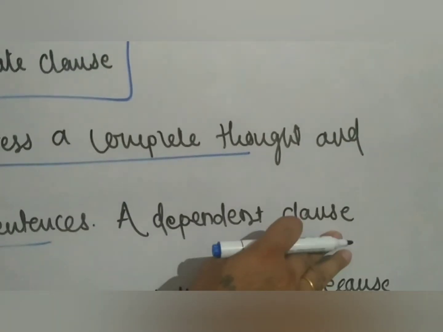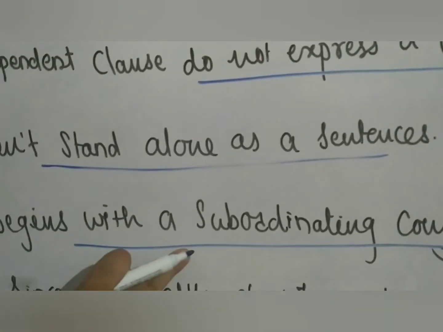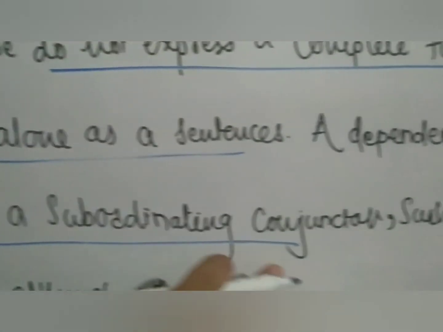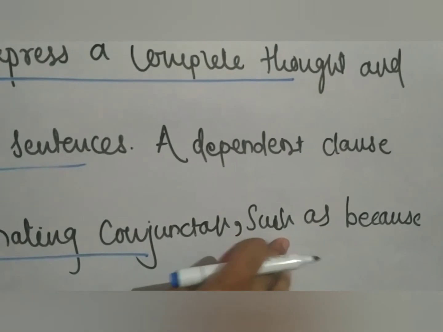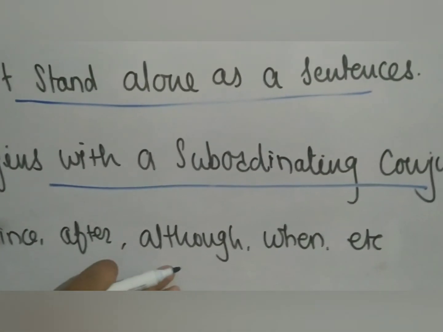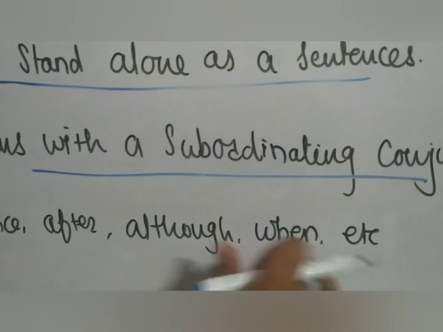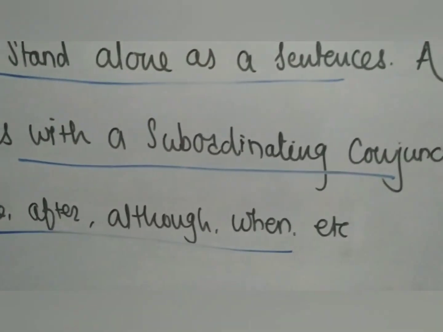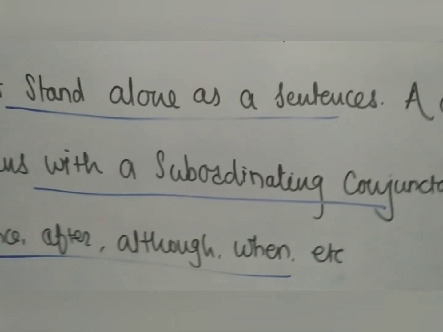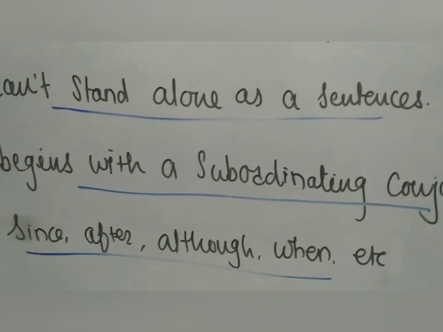A dependent clause begins with a subordinating conjunction such as because, since, after, although, when, etc. So these are the subordinating conjunctions which are used to make a complex sentence.